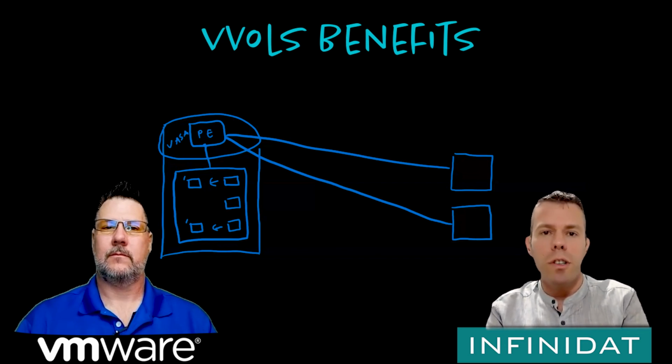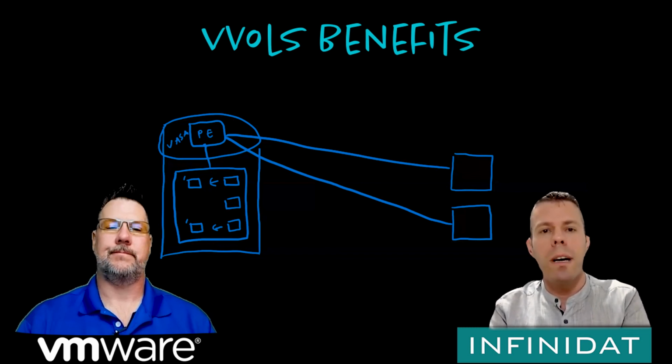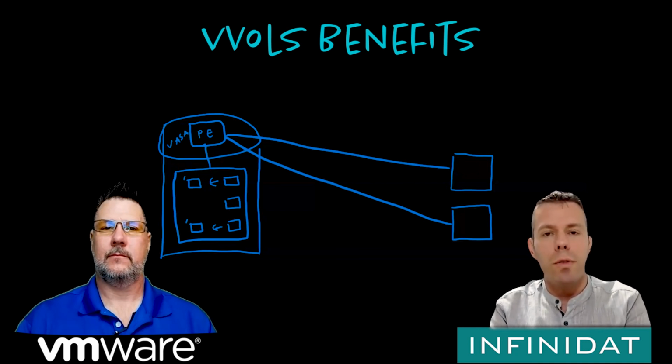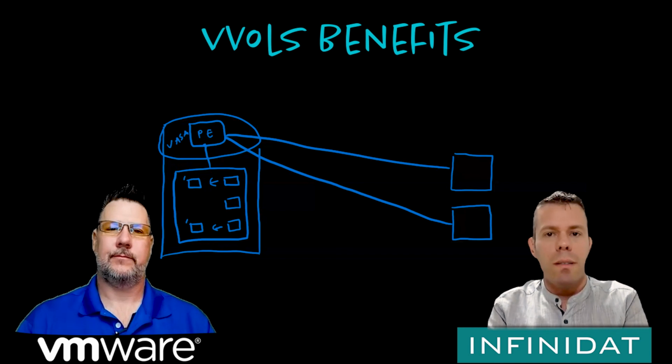Then once you want to create a new VM or provision a new application, all you have to do is select the right policy that fits the requirement of that application. And basically that means you move into the era of SLA-based provisioning of storage and applications.